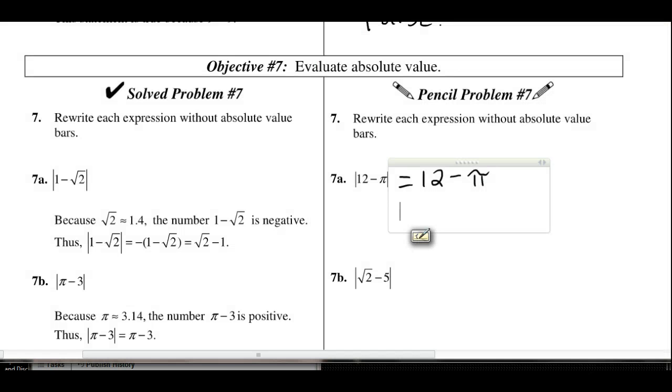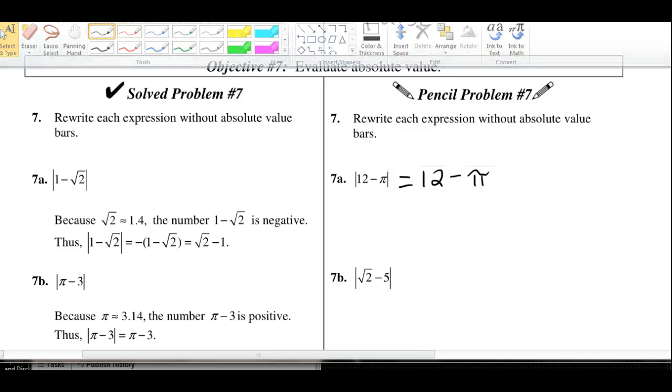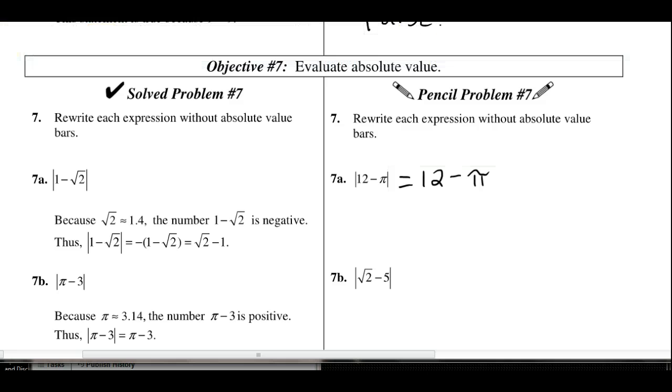So if you wanted to do it that way, you could also write 12 minus pi is approximately, I use squiggly equal sign to mean it's about, not exactly equal to, the absolute value of 8.86. And then since that's a positive number, we don't need the absolute value bars, so that's just 8.86. And that would be about the value of 12 minus pi when you do the absolute value.